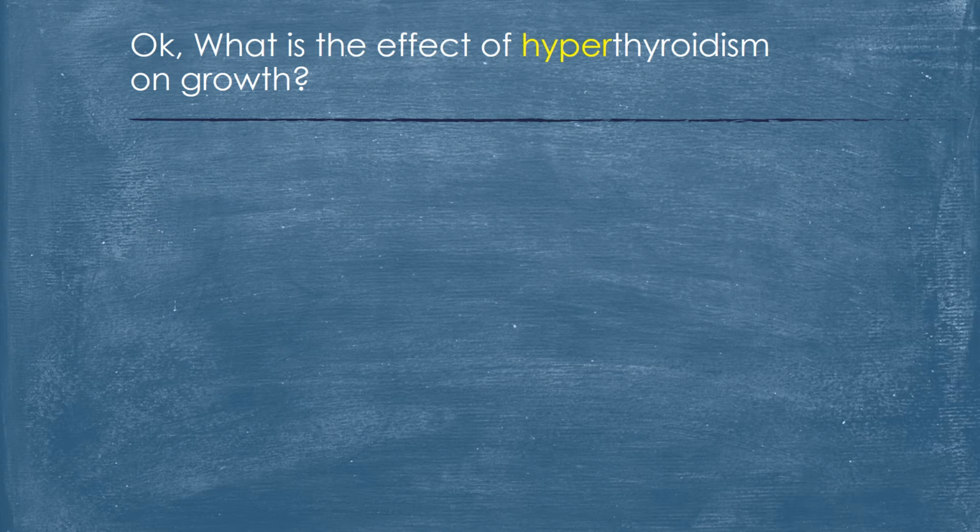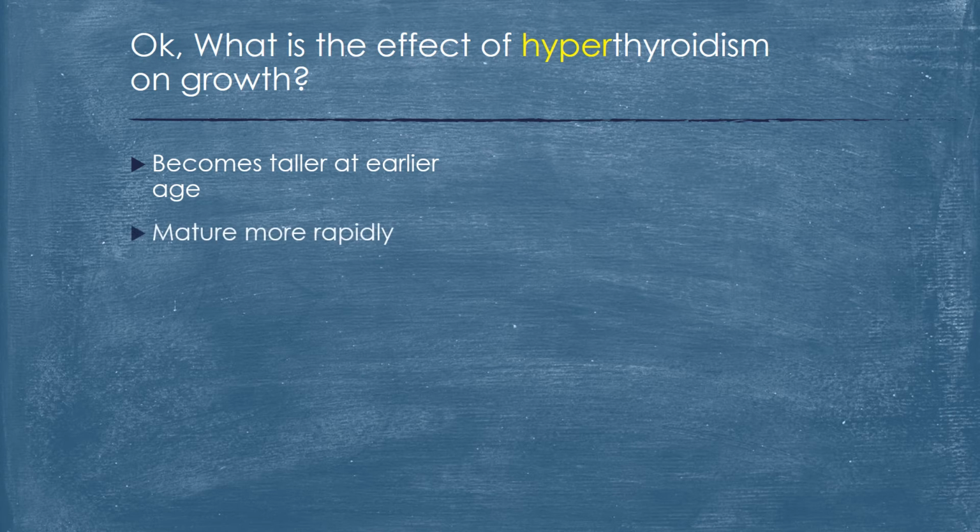Okay, what is the effect of hyperthyroidism on growth? We've talked about hypo. What about hyper? The child will become taller at an earlier age and mature more rapidly, but in the end, he might be shorter. How is that? Because he becomes taller at an earlier age and much more rapidly.